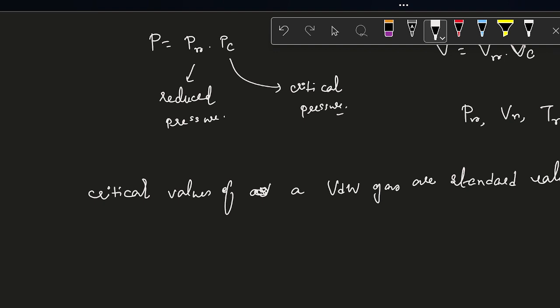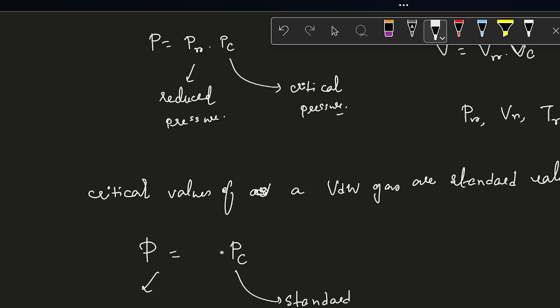Whatever is changing is the variable quantity. Let's say your gaseous pressure is P, but this P can be a variable, while this P_C, the critical pressure, is a constant because it has a standard value.